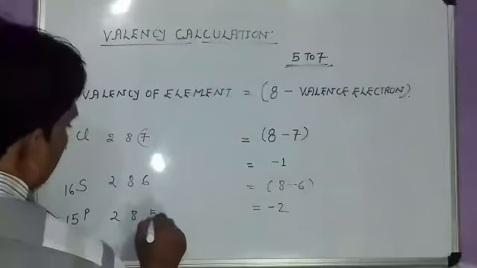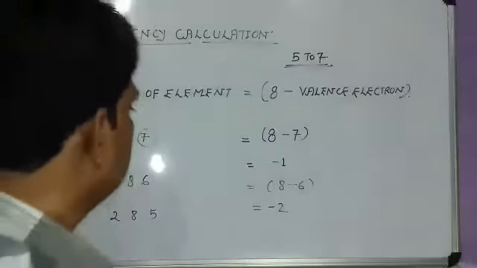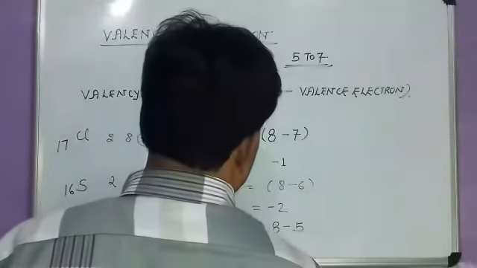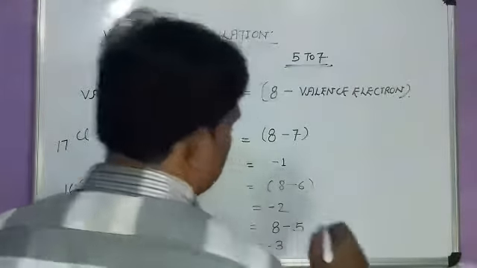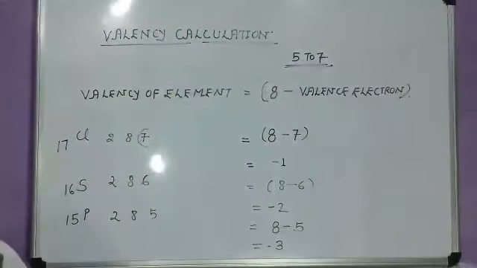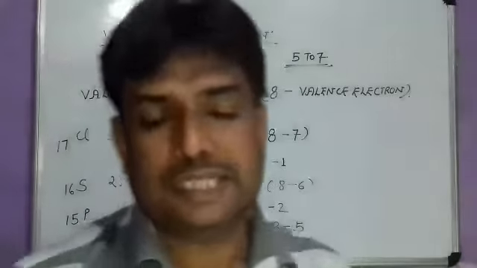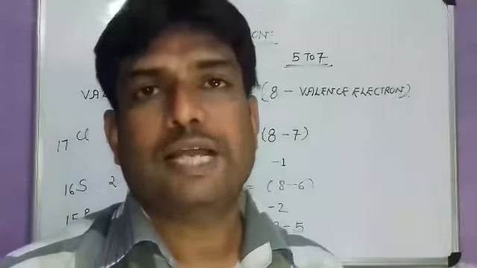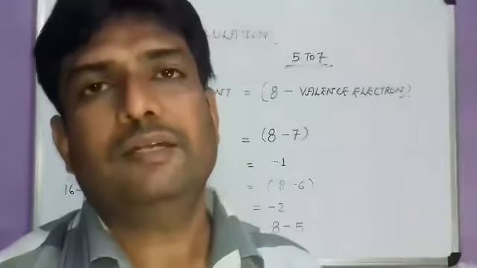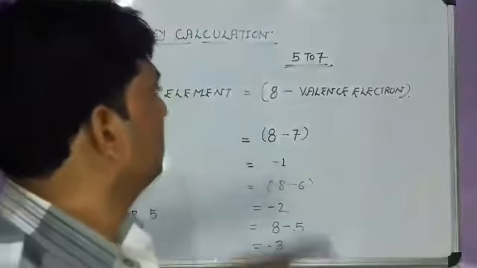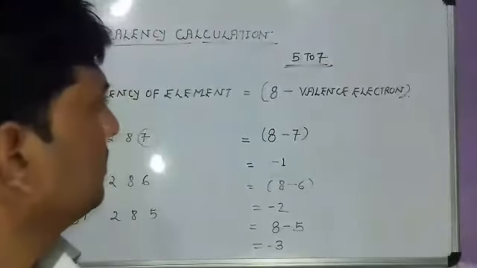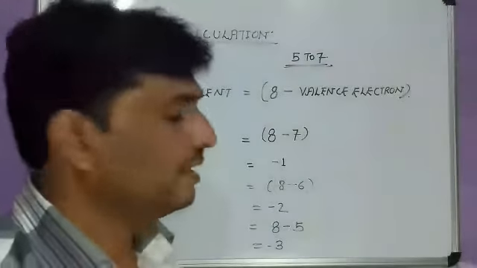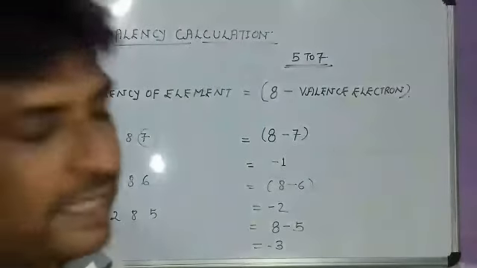Phosphorus, 15: 2, 8, 5. Okay, students. So here the 8 and the valence electron is 5. So this is 3, but in minus. Those elements which have 5 or 6 or 7 electrons in the outermost orbital have a negative valency.